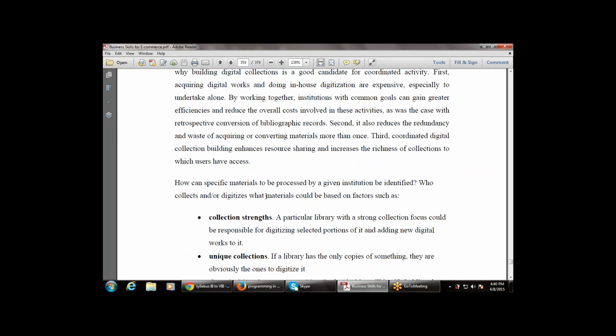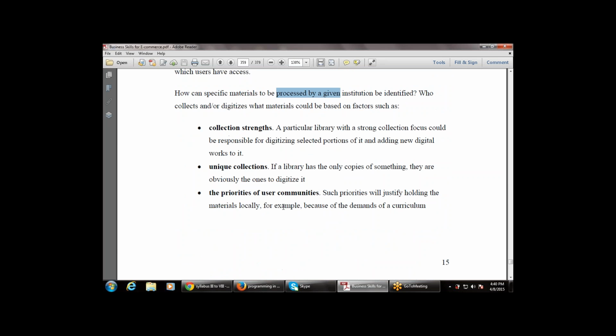And these are the various points by which we can collect the material, based on various factors, so that different information is available at different levels in the digital library.